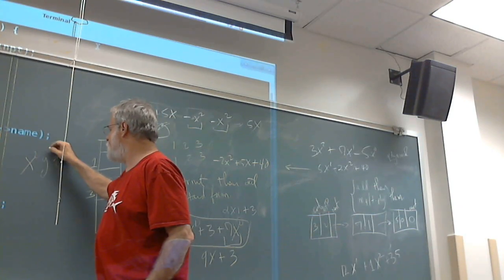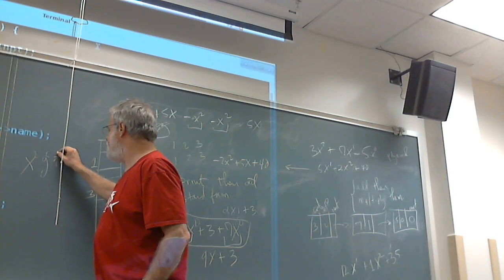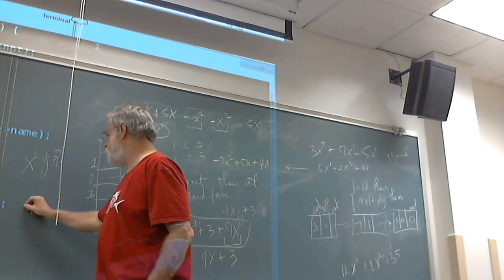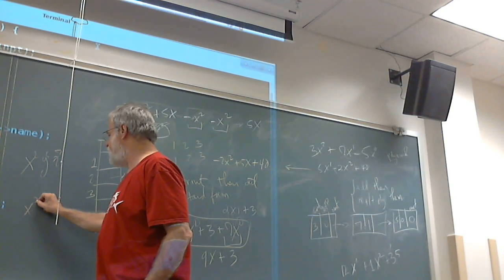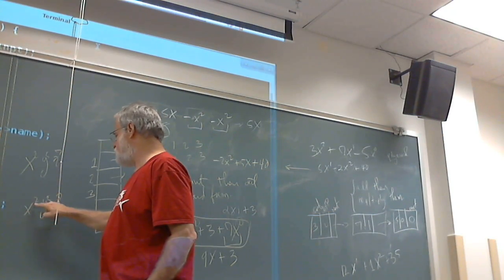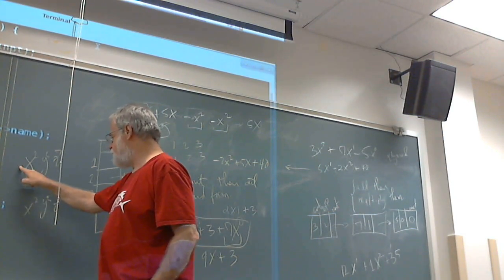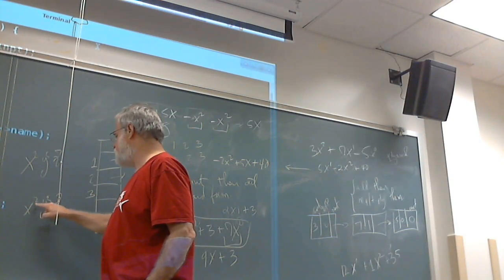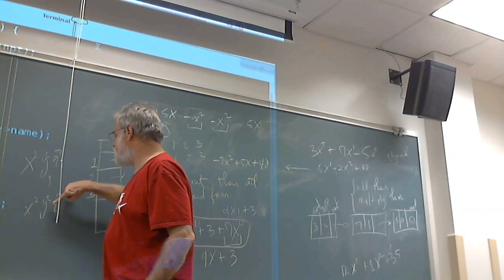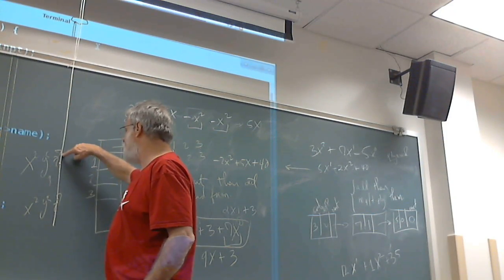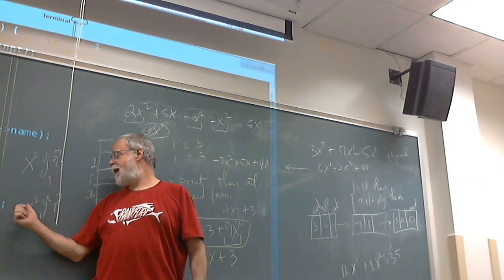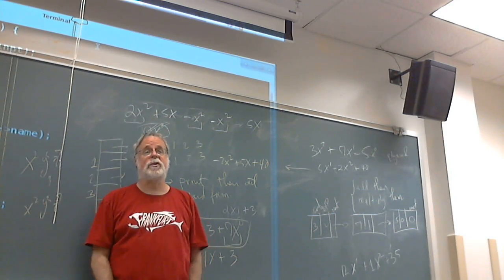So if this is x squared, y to the 5th, I want to combine all the terms that have x squared, y to the 5th. If the exponents on the x, the y, and the z all match, then they're like, and so we add up the coefficients.